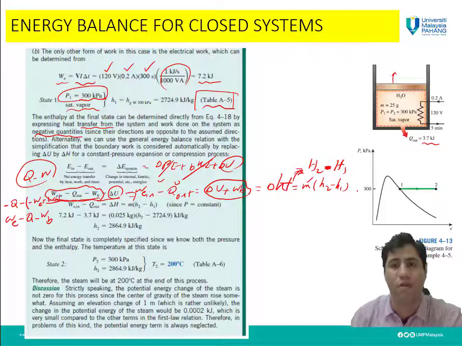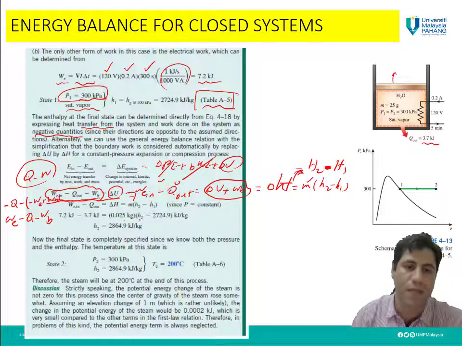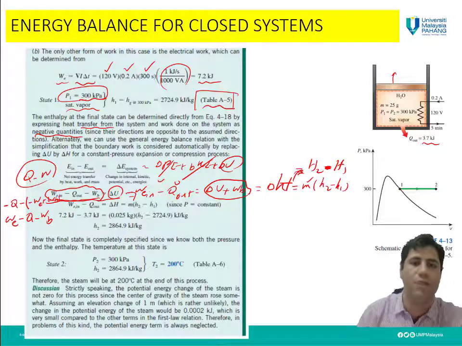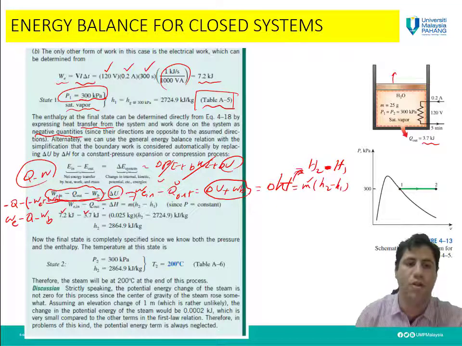We have also m for the steam or water here. So delta H equals m times (h2 minus h1). And we have all of this information. We have W_e,in, which we have already calculated. We have Q. We have m.